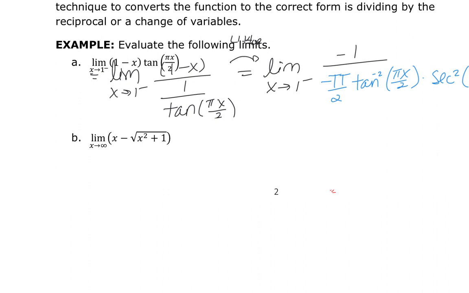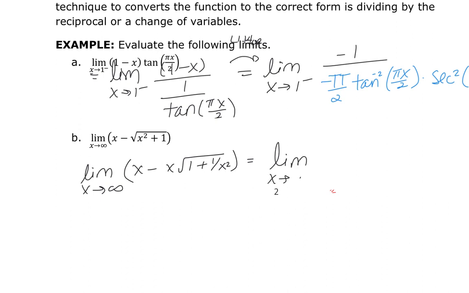And so we can rewrite this as the limit as x goes to infinity of x minus x, the square root of 1 plus 1 over x squared. Now I'm going to factor out an x. I'm going to get the limit as x goes to infinity of x, and then I'm going to have 1 minus the square root of 1 plus 1 over x squared.